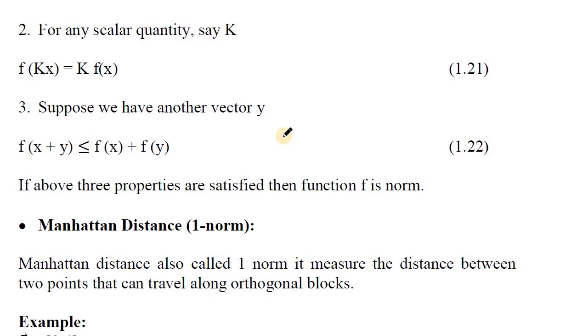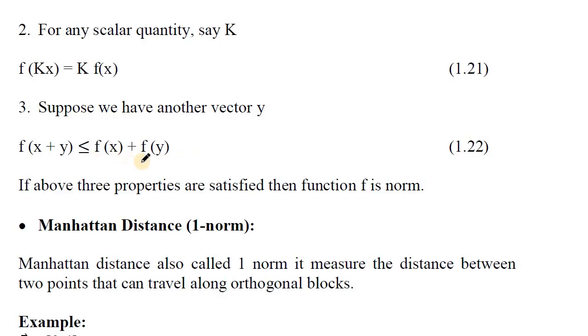You have one vector x and there is another vector y. Then the norm of x plus y should always be less than or equal to this addition of norms taken separately, that is f of x plus f of y. So you take the norm of x separately, you take the norm of y separately, you add it.